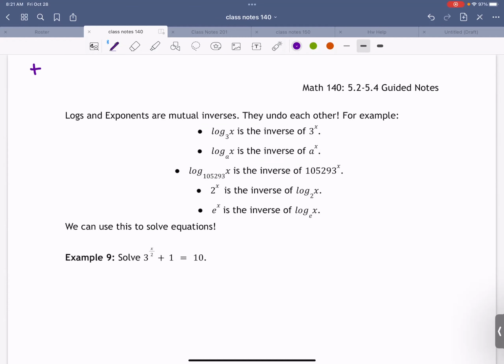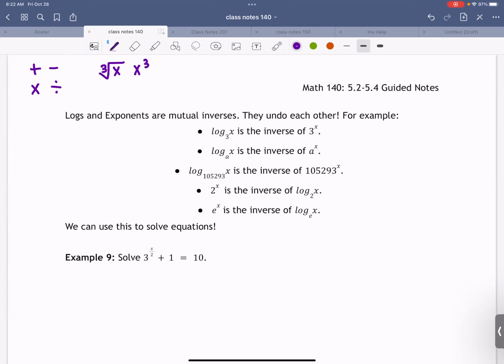For example, plus and minus, and multiplication and division. Those are things that cancel each other out, that you can do on both sides of an equation to undo the other. Another example of an inverse function would be the cube root and x cubed. Things that undo each other.